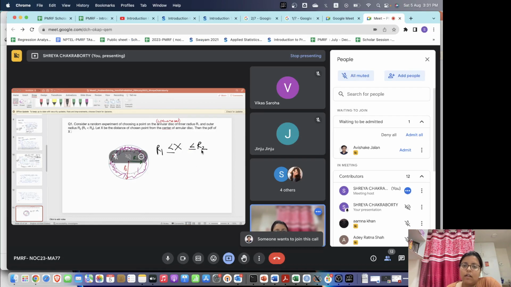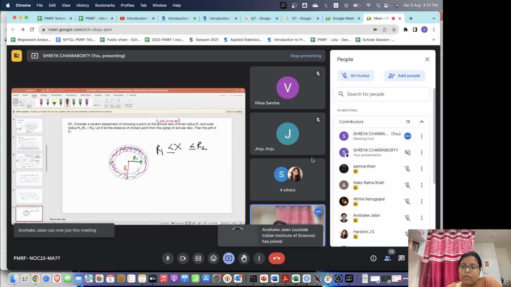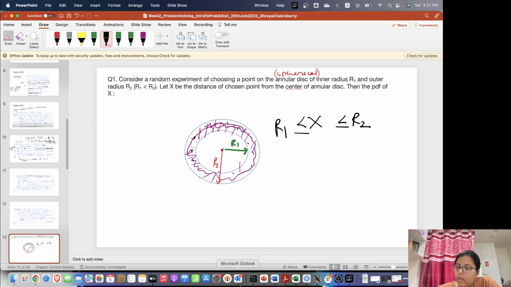If this holds, then this probability is always equal to 1. I think you can appreciate this, because the experiment is only considering points on the disk. Now the density function or PDF: if I have to say density, the thing that comes to my mind is area.